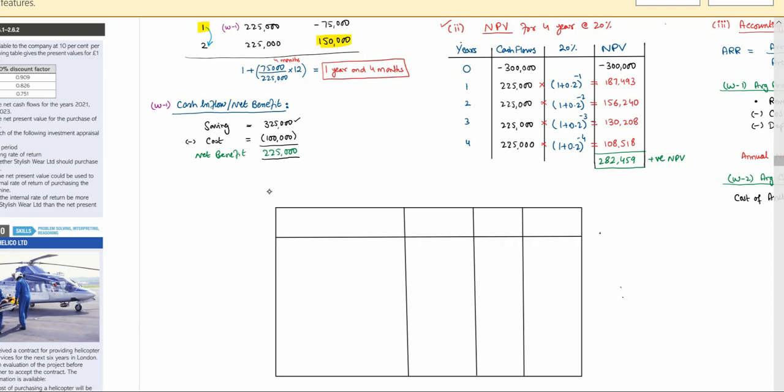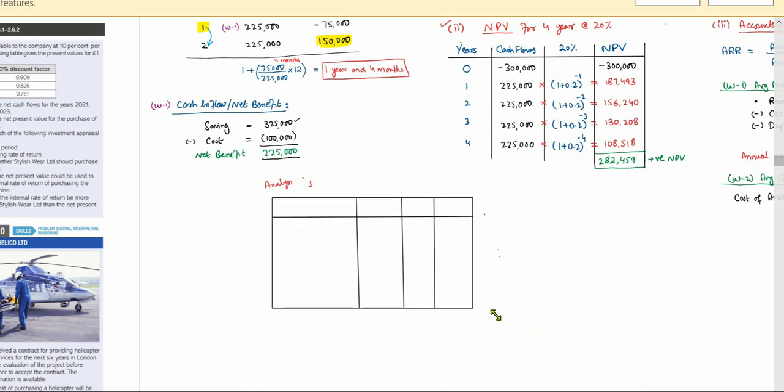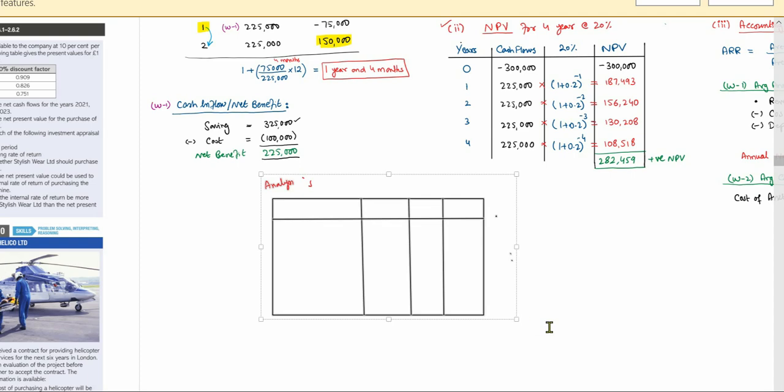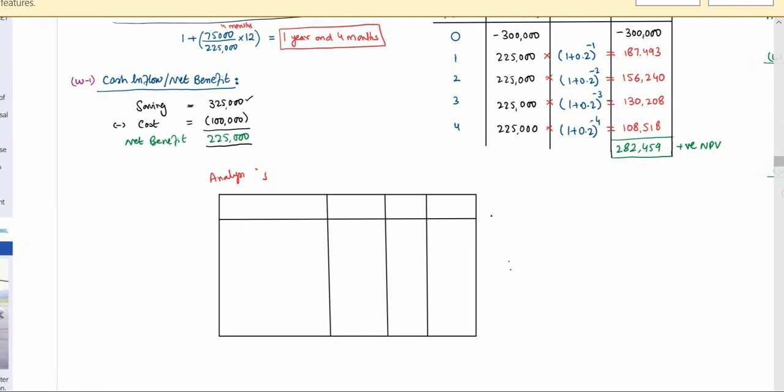So here will be the analysis. Here is the machine.